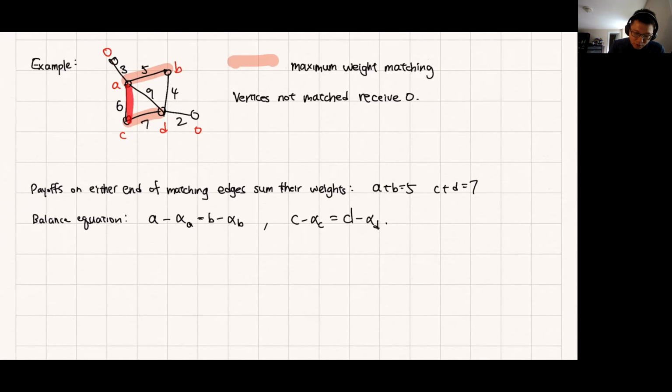Okay, but this one is going to be 6 minus C, right? So whatever value C is, 6 minus C there. And the outside option here is 9 minus D. Okay. And also the outside options are non-negative as well.